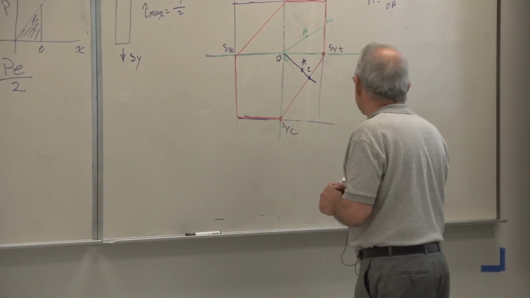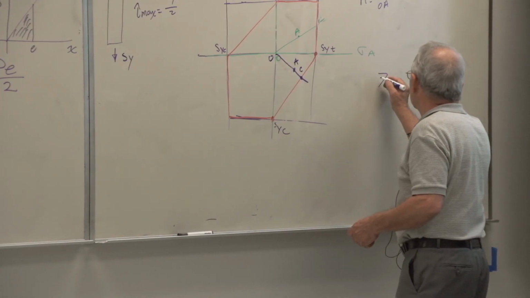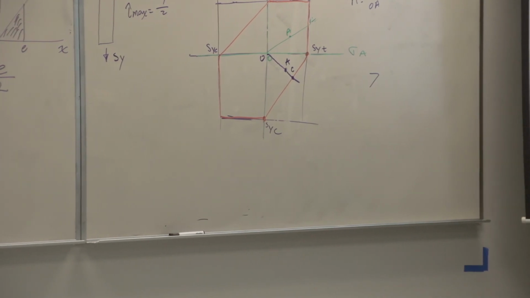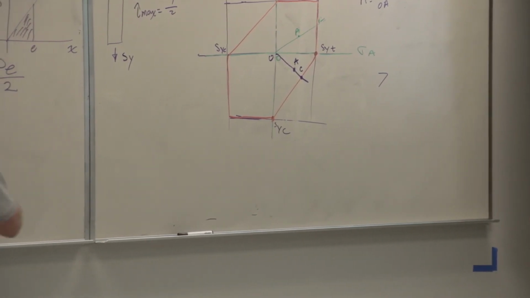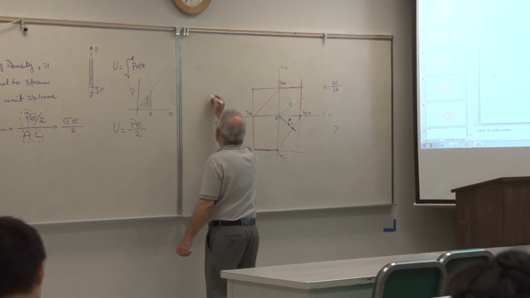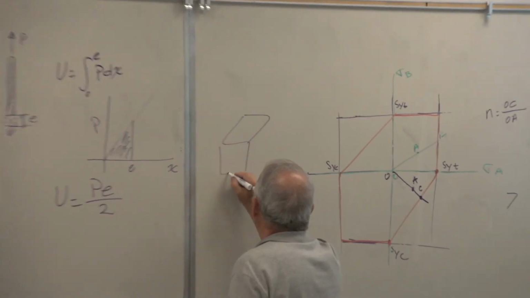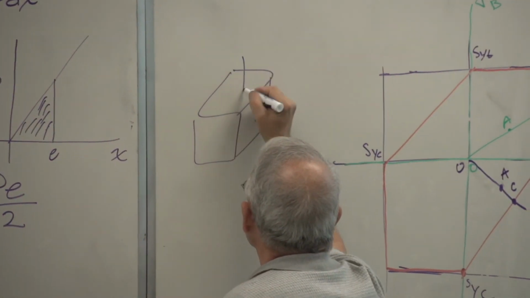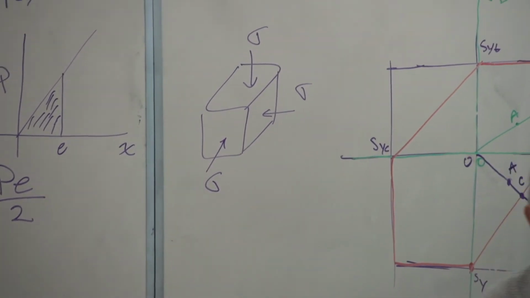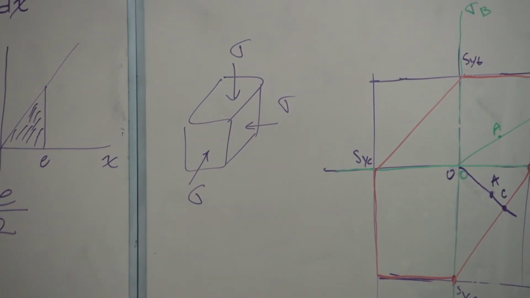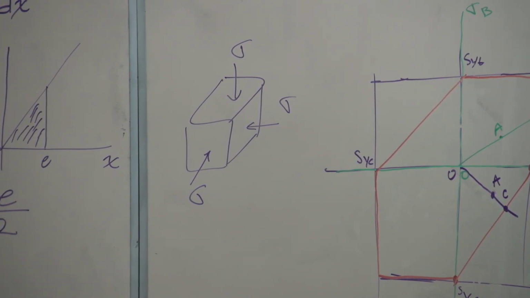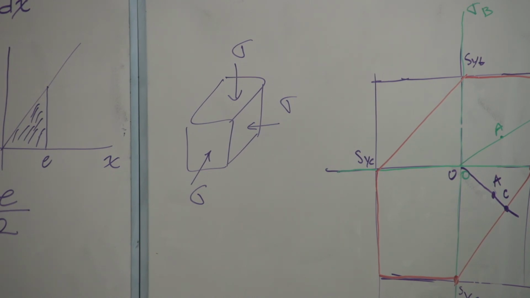Let me give you an example of when we have just volume change and no distortion. A hydrostatic state of stress. In other words, you have a little cube, you take it down to the bottom of the ocean. What will be the shape of that cube at the bottom of the ocean?